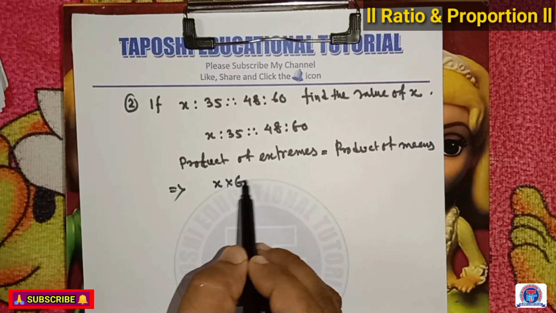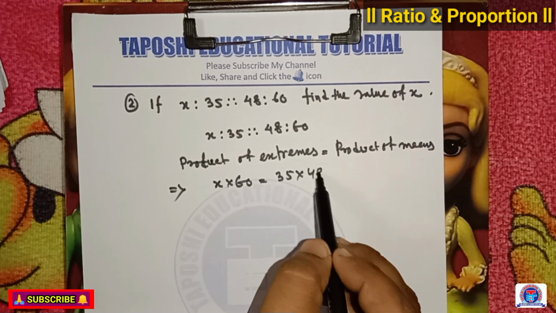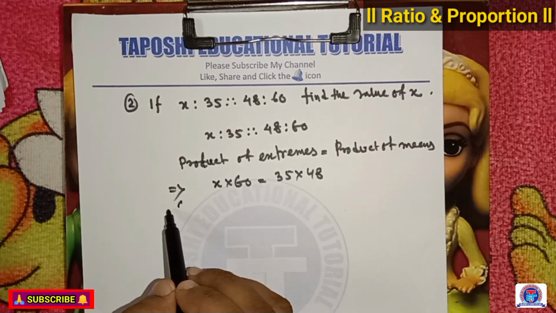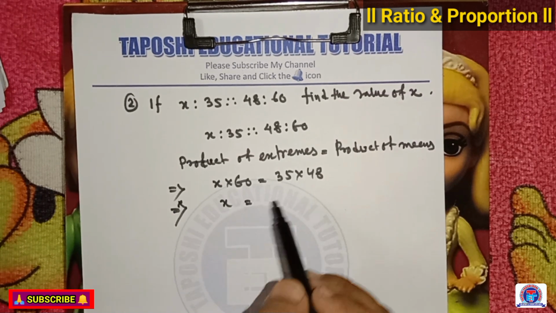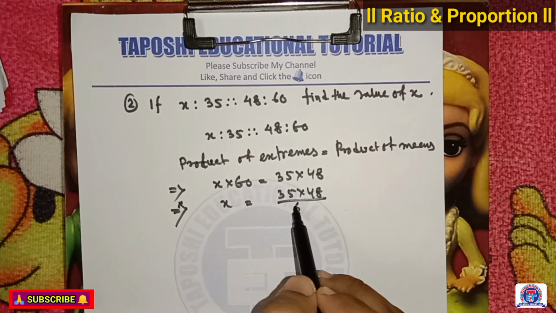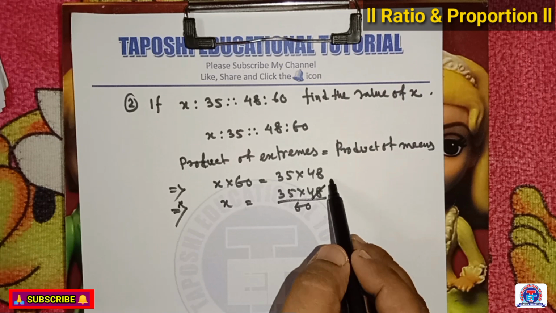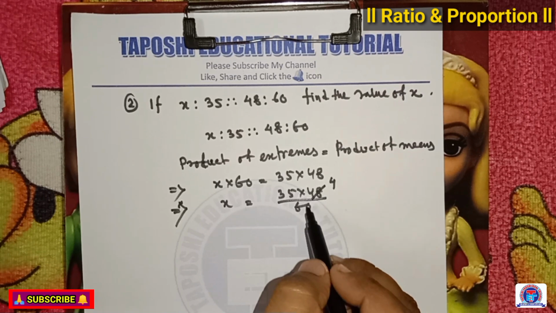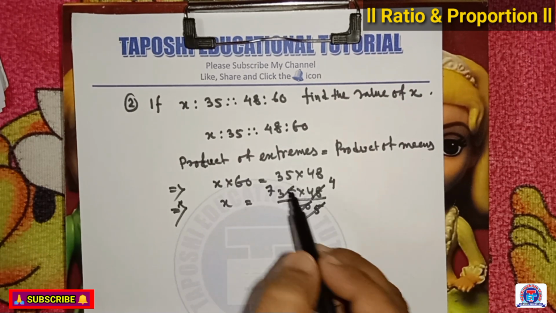Right. So it will become, implies that, x into 60 is equal to 35 into 48, implies that x is equal to 35 into 48 by 60. So this one 4 12 ja 48, 5 12 ja 60, this one 7.